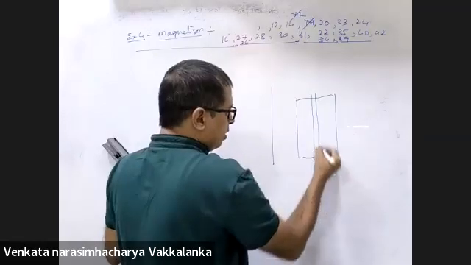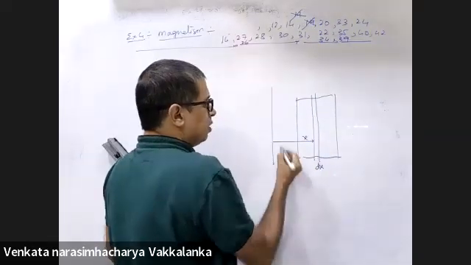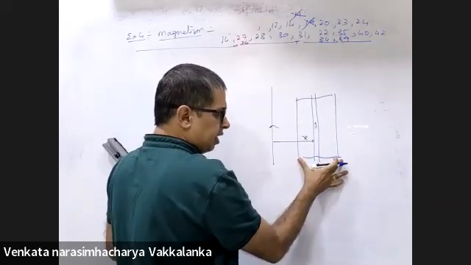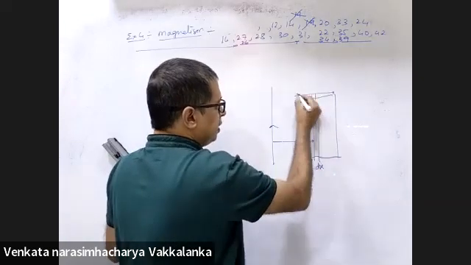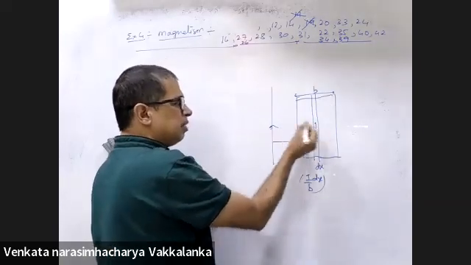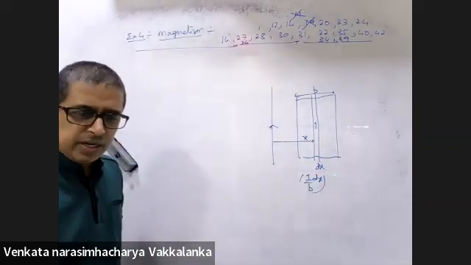You consider an element here at a distance of x of thickness dx. Can I find out the current in this? Total current is I. In this it is I by b, if the breadth is b, into dx. Now force per unit length between these two is to be integrated. Did I miss this in any batch?